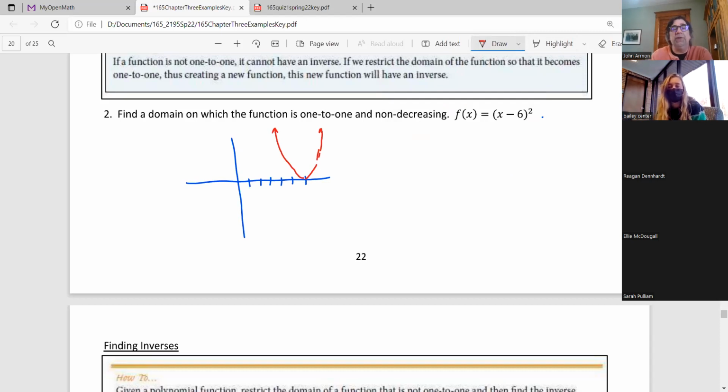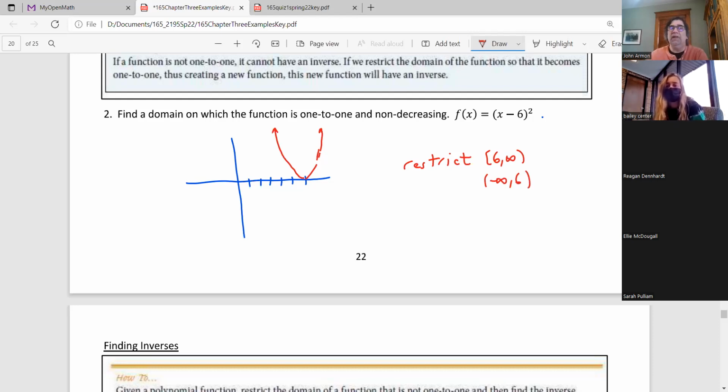But if you were to restrict the domain, so for those who did technology project number 1, Torricelli's law, you only looked at the function on a given interval where the function was 1-to-1. Same thing's happening here. So if you restrict the domain, you could use either one of these two restrictions and say, now we can talk about inverse.